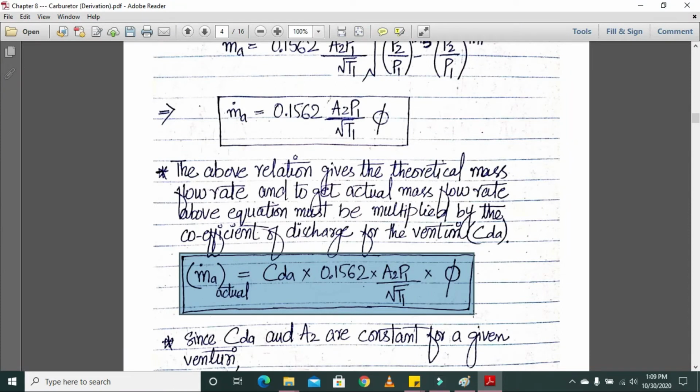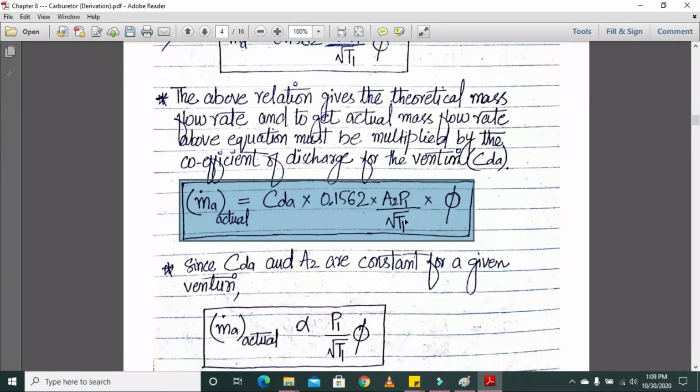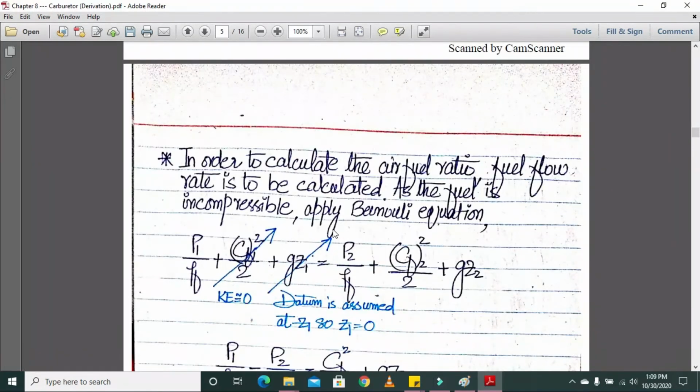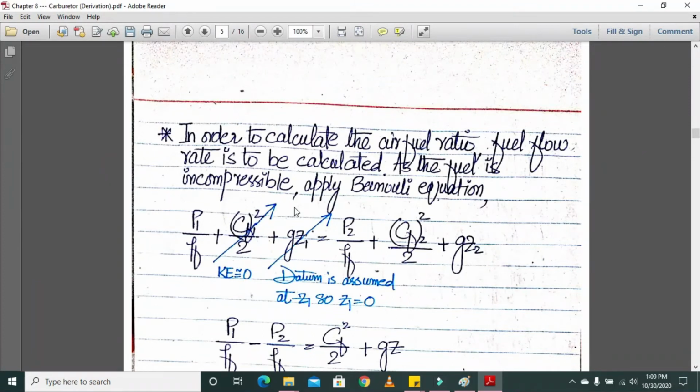Now we require another relation, which is for the mass flow rate of the fuel. Since fuel is an incompressible liquid, we can simply apply the Bernoulli equation on the fuel.